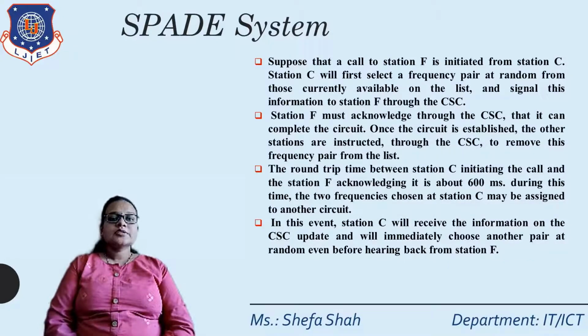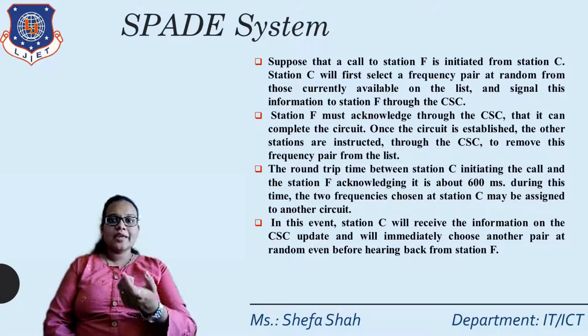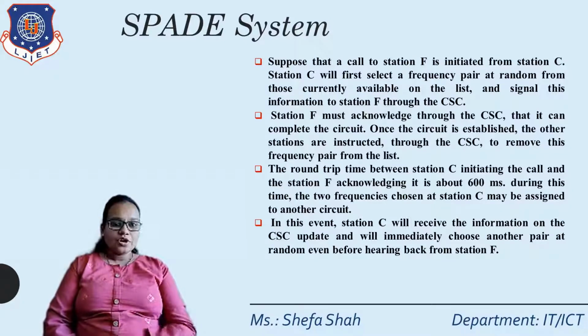Now, suppose a call to station F is initiated from station C. So here we have taken an example where C wants to make a call to station F. Station C will first select a frequency pair at random from those currently available on the list, and signal the information to station F through the CSC.